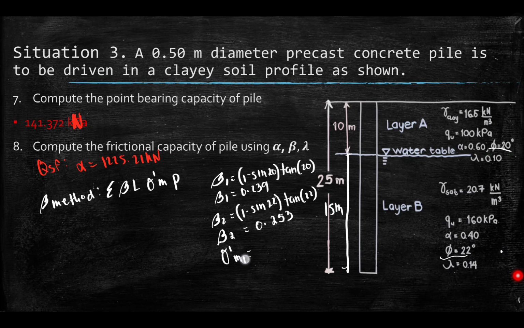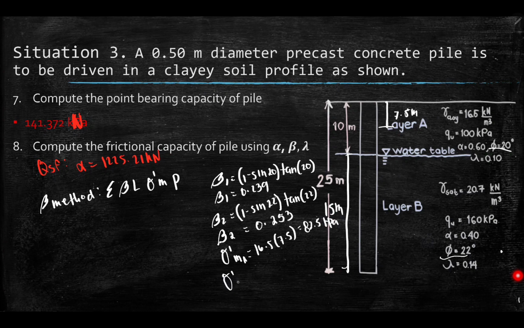So, considering soil layer A, gitna niya is, ito, 7.5 meters. Okay, so, ganun lang ulit yan. Unit weight times the height. So, 16.5 times 7.5. Ang ating sigma prime m for the layer 1 is 82.5 kilopascal.